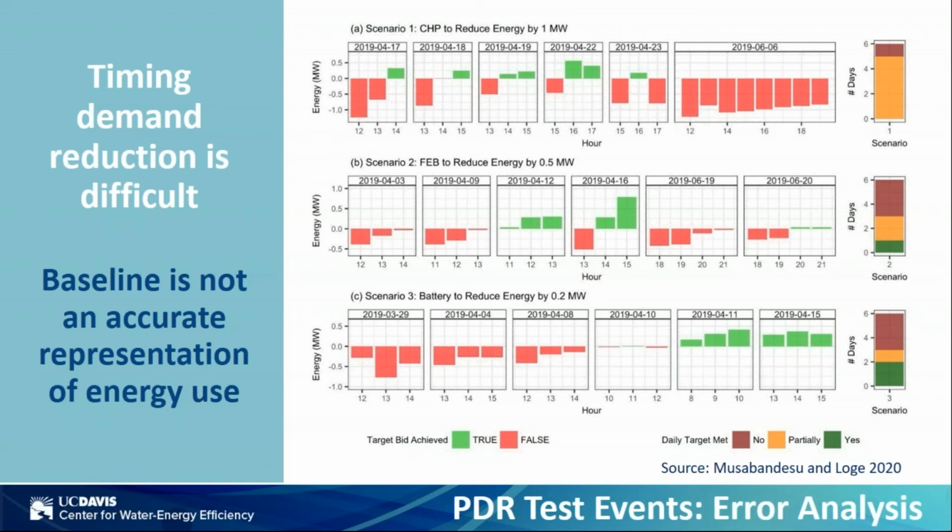And so you can see very few time intervals actually met or exceeded what they were hoping to do in terms of energy reduction. So some main takeaways from this is that timing demand reduction is difficult, and that the baseline is not always an accurate representation of energy use, and so can sometimes misrepresent how much energy has actually been reduced.